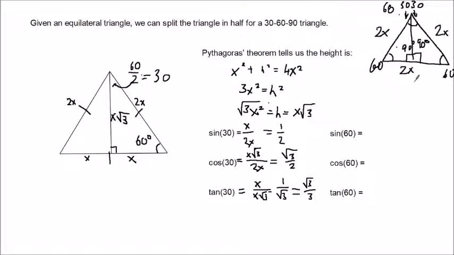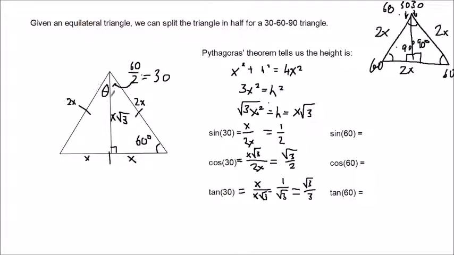90 degrees. So if we put our theta right here, sine of theta is sine of 30 degrees, which is x over 2x, which comes out to be a nice number, 1/2.